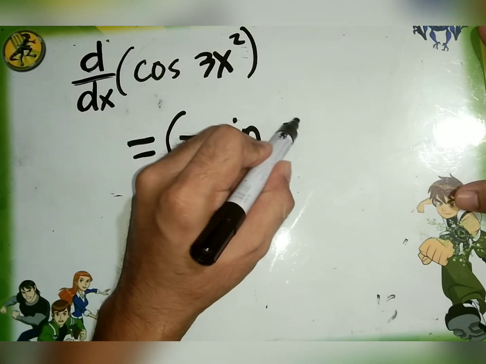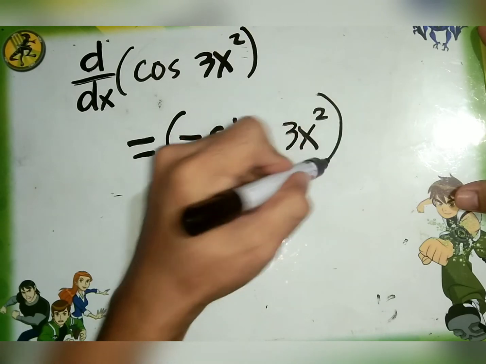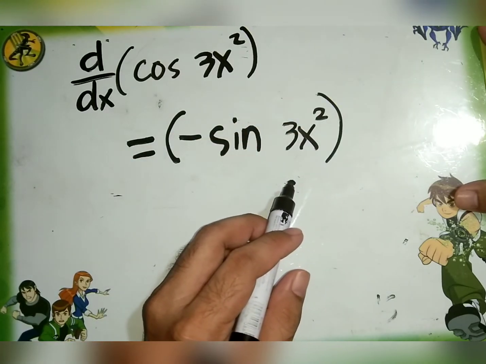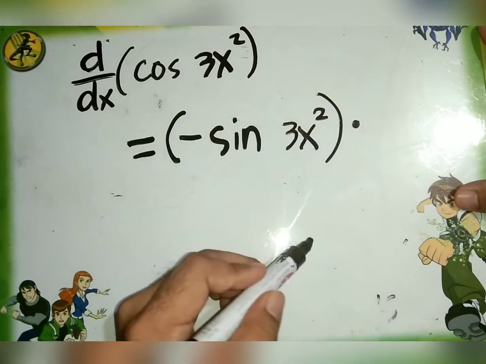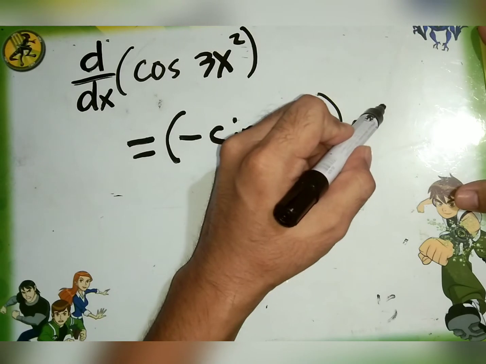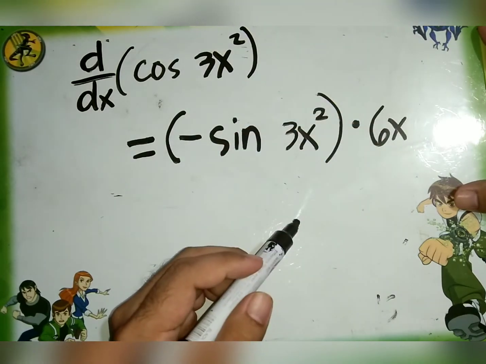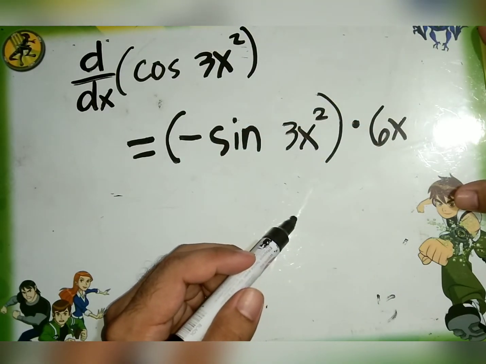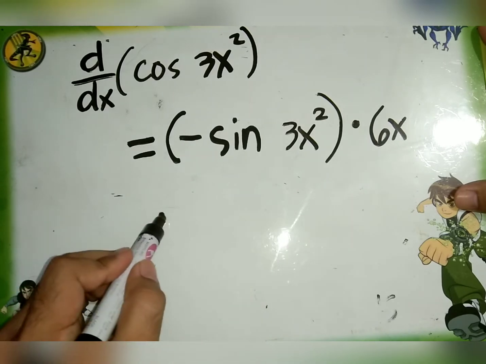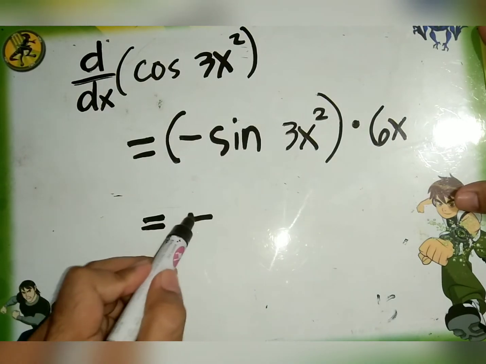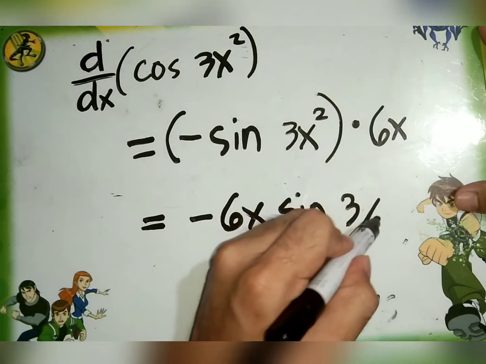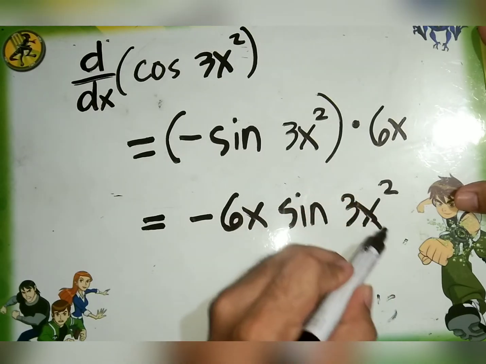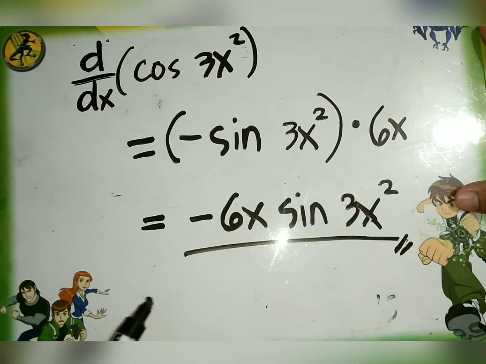Kopyahin nyo yung angle 3x squared times derivative nung angle. Ano yung derivative nung 3x squared? Using power rule, we have 6x. Okay? So, negative sine 3x squared times 6x is equal to, arrange na lang natin, negative 6x sine 3x squared. Okay, that is the final answer.